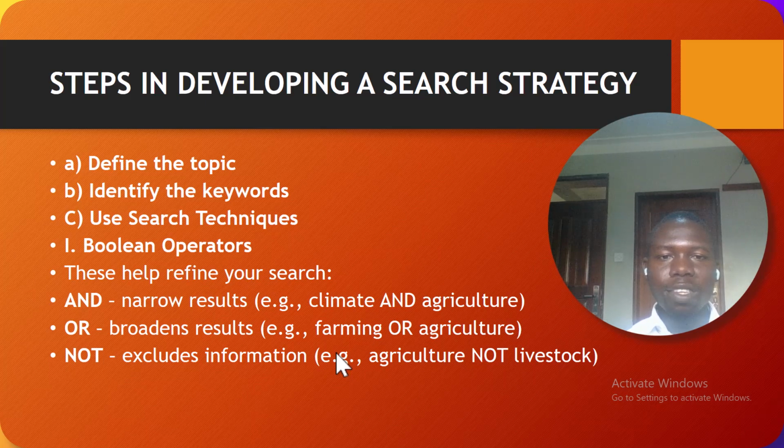For example, you can see climate AND agriculture, or you can use OR, which also broadens results. For example, farming OR agriculture, as you can see on screen. The last is NOT. This excludes information. For example, agriculture NOT livestock, you can see.